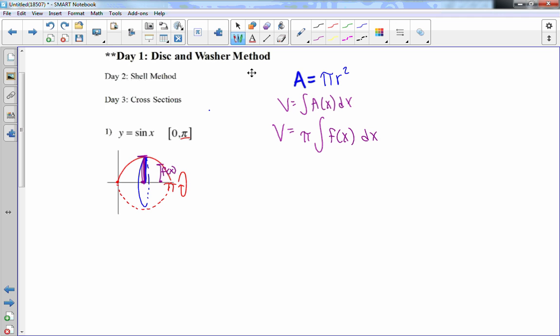So we're really finding volume, yeah? It's in the function while you're integrating. So the function here, yeah, we should put a square on that because f of x is just one radius. Okay, so volume equals pi times the radius, f of x.